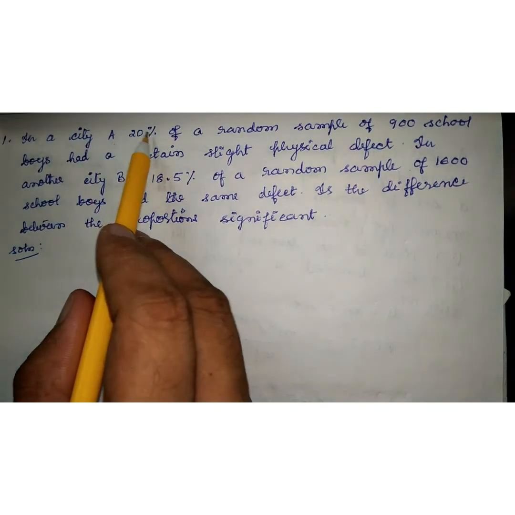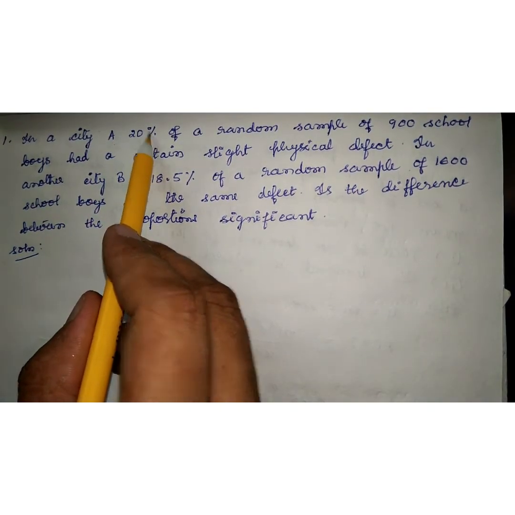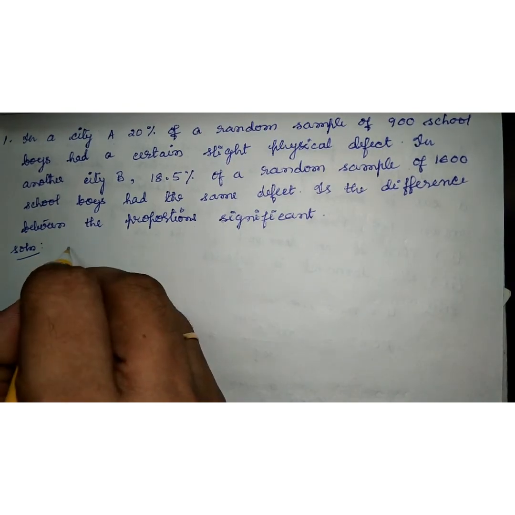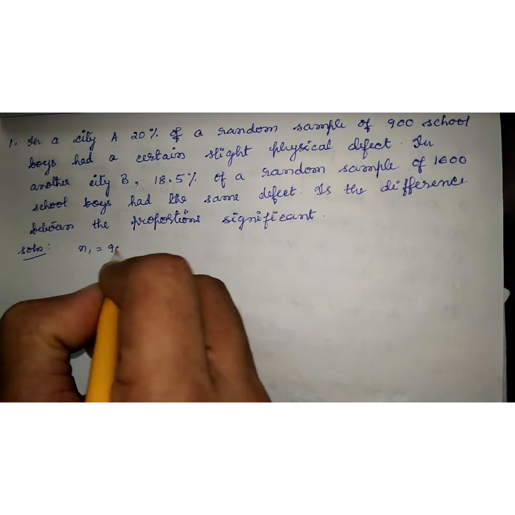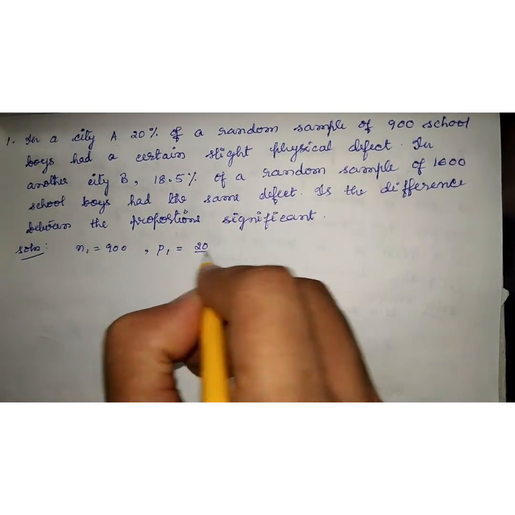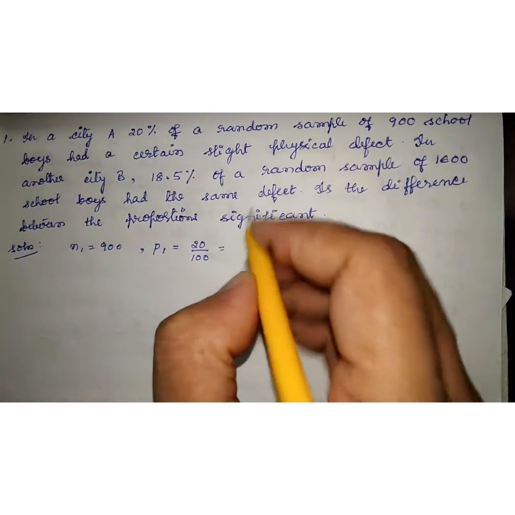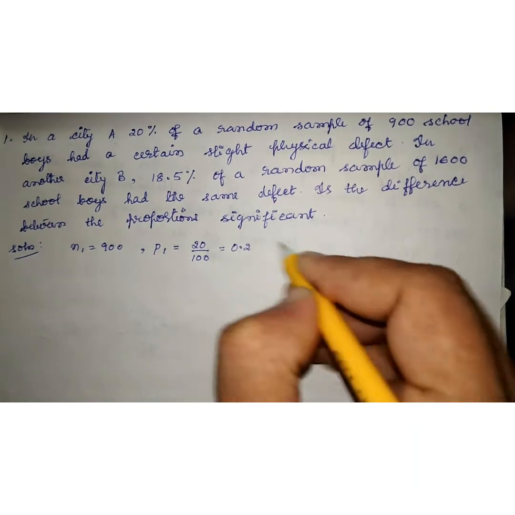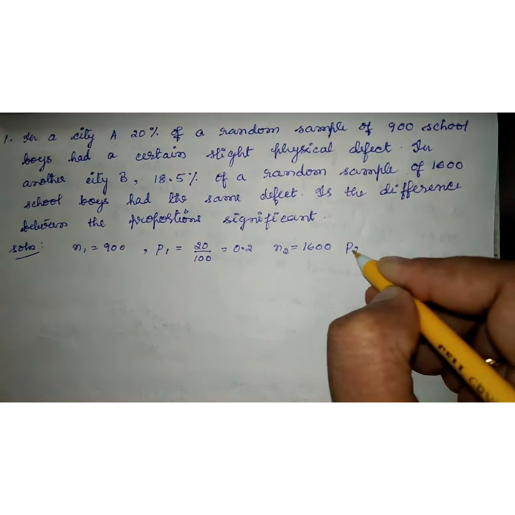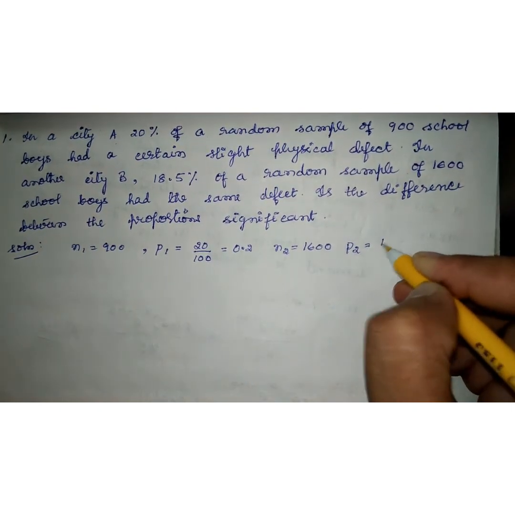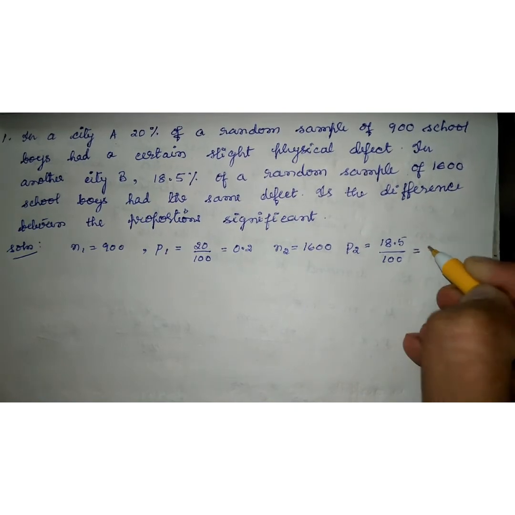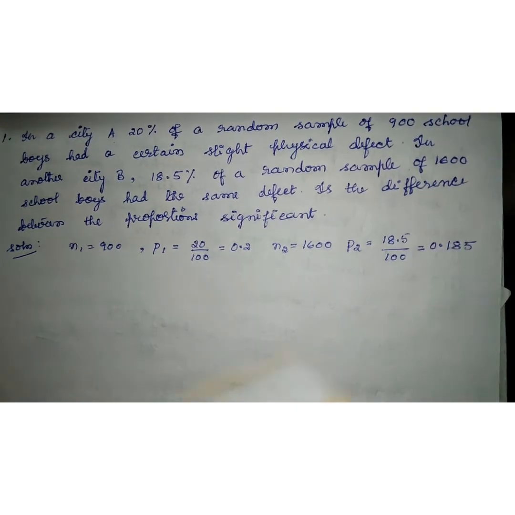In city A, 20% of a random sample of 900 schoolboys. So here n1 is 900 and p1 is 20%, which I'll write as 20 by 100, that is 0.2. Then n2 is 1600 and p2 is 18.5 by 100, which can be written as 0.185.